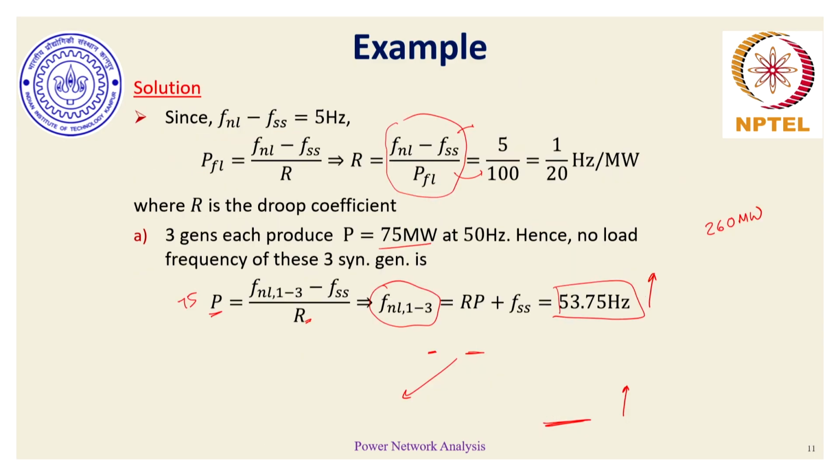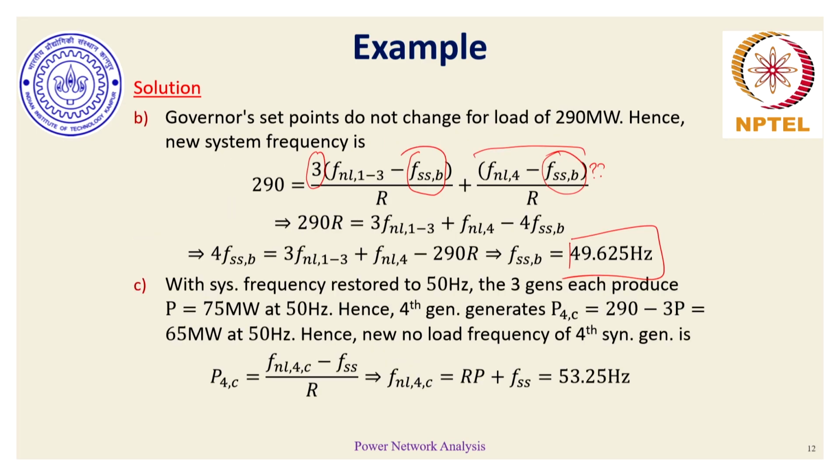So out of 290 megawatt, if frequency is restored to 50 Hz, the last unit will generate 30 megawatt extra, which is 35 plus 30, which is 65 megawatt, and it should do so at 50 Hz. So steady state frequency is fixed at 50 Hz. This value is 65, droop coefficient is 1 by 20.